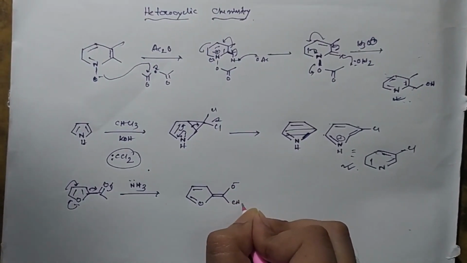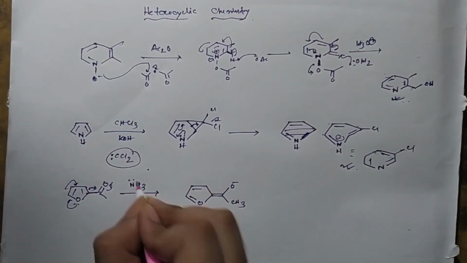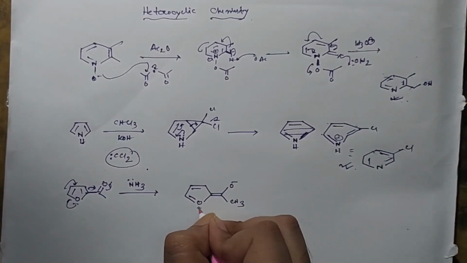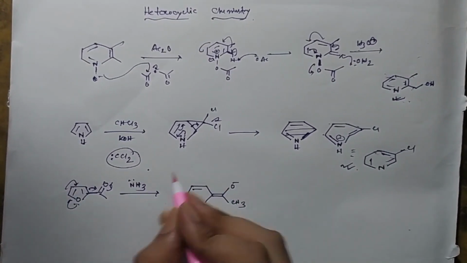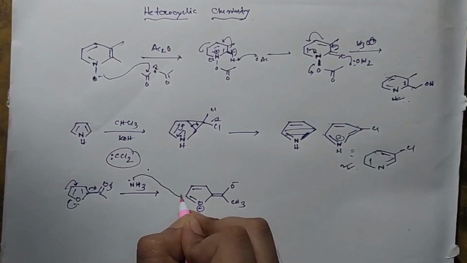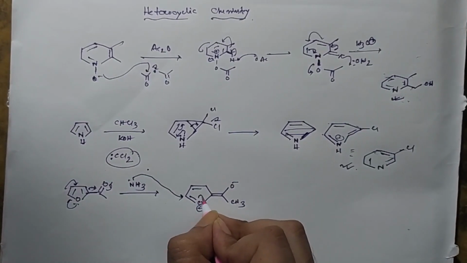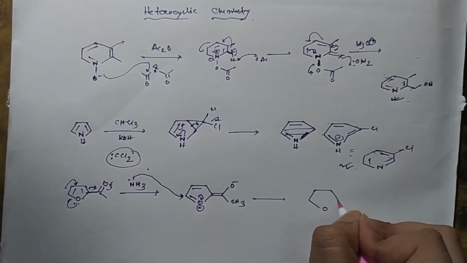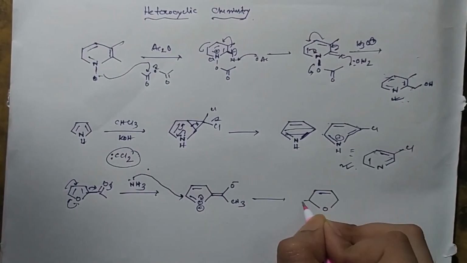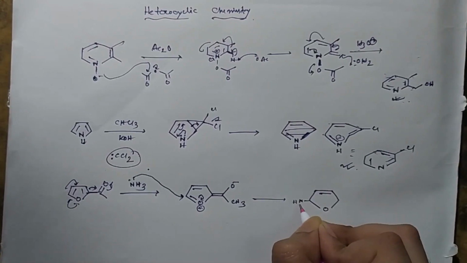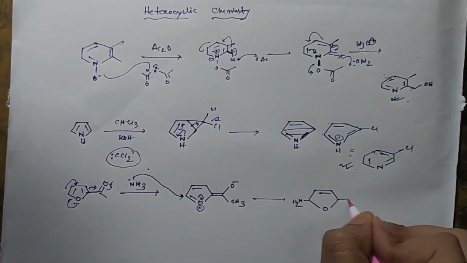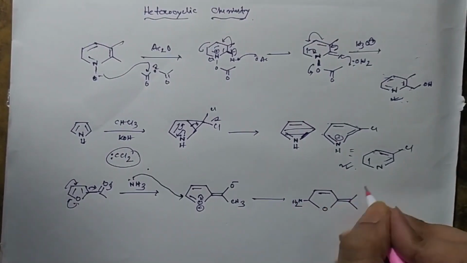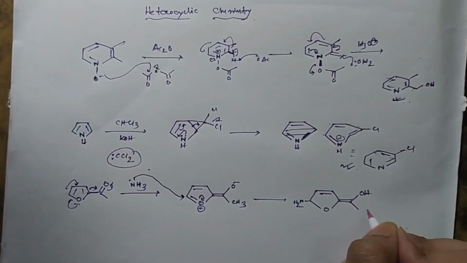Now there is ammonia in the reaction medium, and there is a positive charge, so that attacks at this carbon, this O- clips, so we get NH2 now, and it will be put on the alcohol simultaneously.